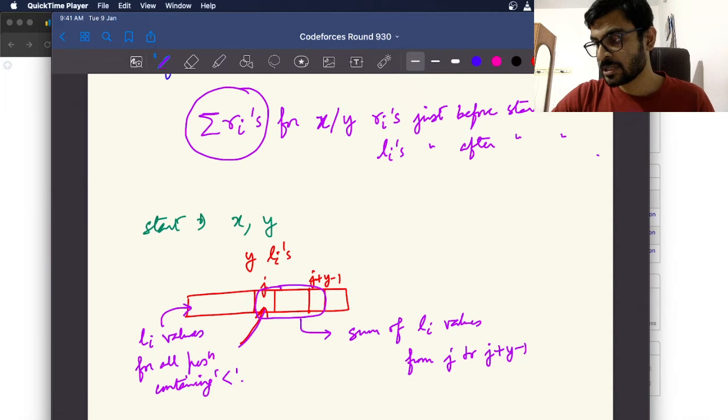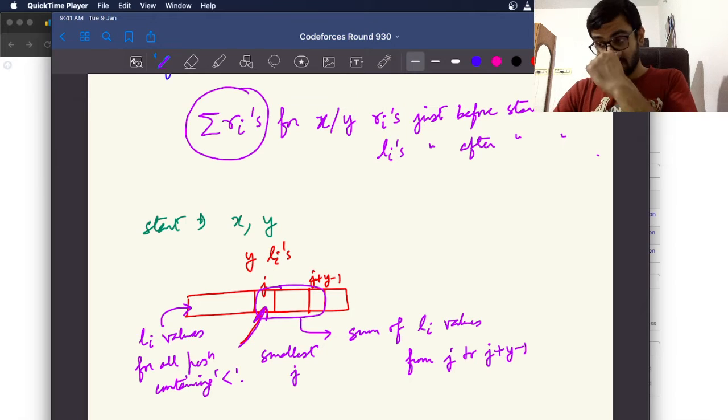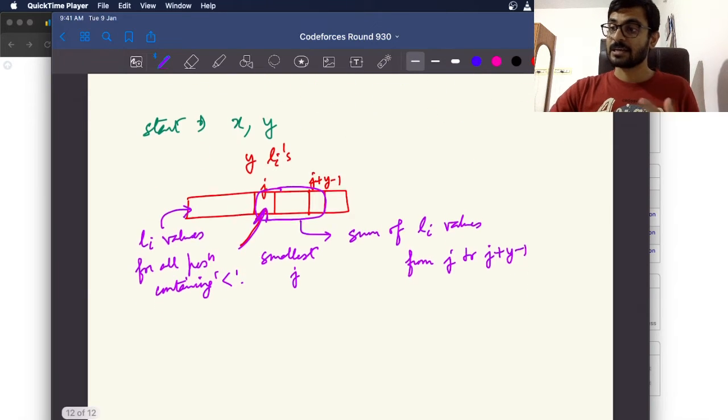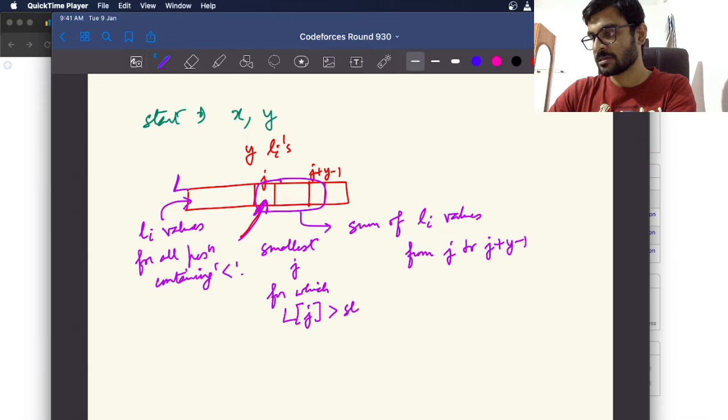First of all, to find this point, what is the smallest j for which the Ri, the R value or L value, whatever, is greater than start? Let's name this array of Li values capital L, for which capital L of j is greater than start.